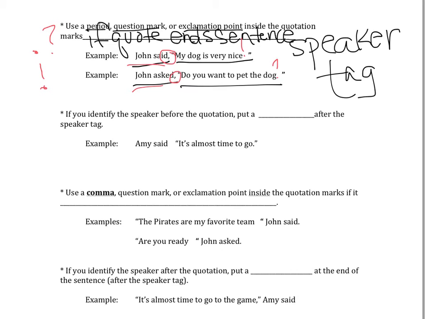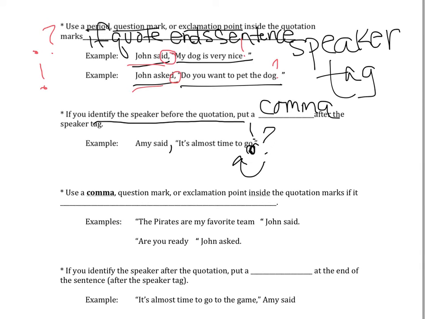So if you identify the speaker before the quotation, put a comma after the speaker tag. Amy said, "It's almost time to go." And again, this could be a period right here. This could be an exclamation point here, or if it had been a question, it could have been a question mark here inside the quotes.